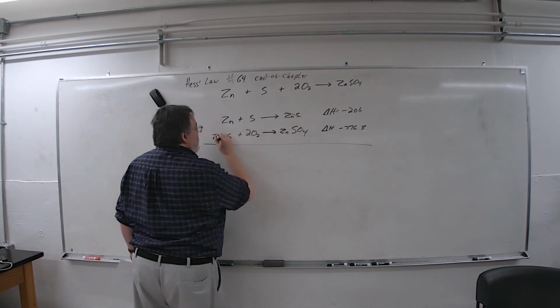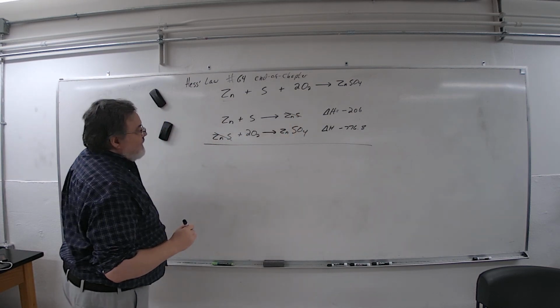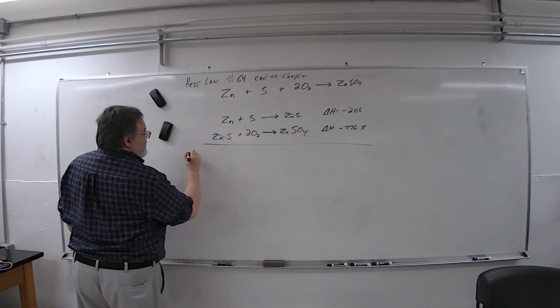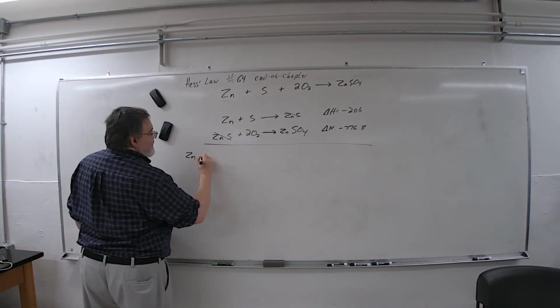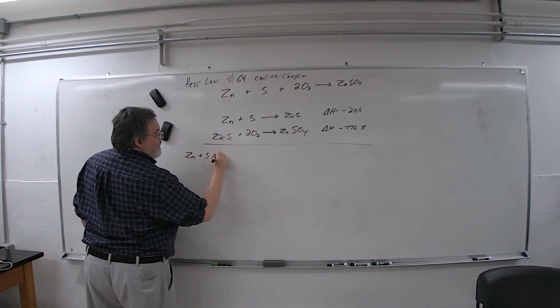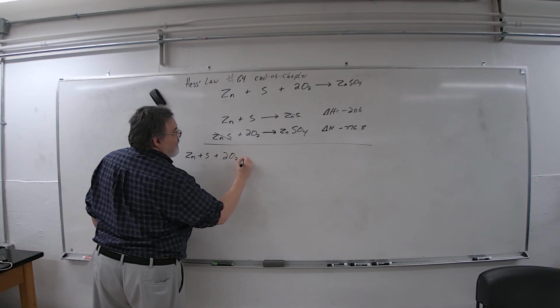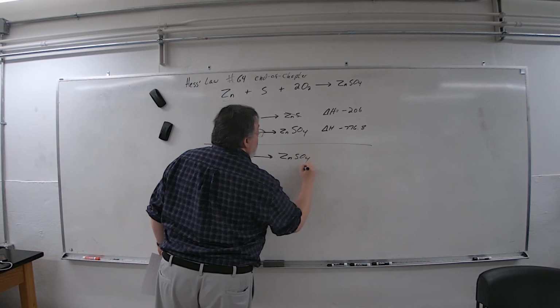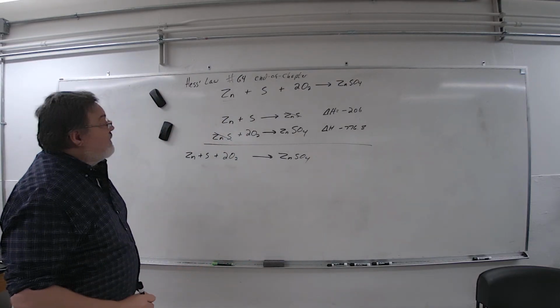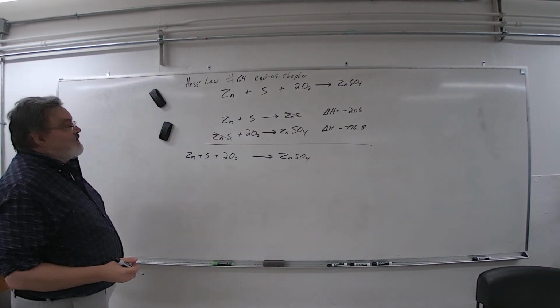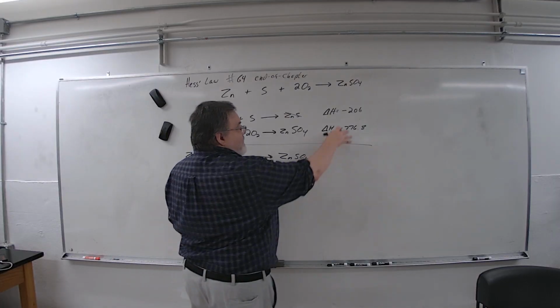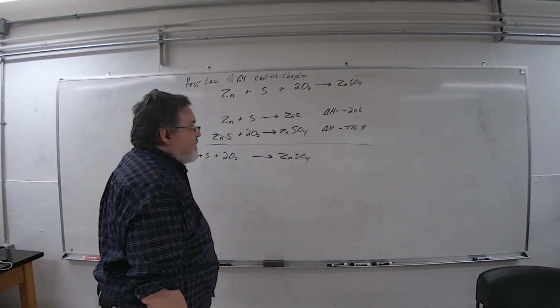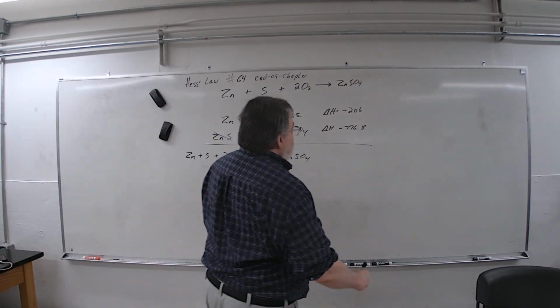All right. I've got one ZnS, one ZnS. I can cancel things. If I bring everything down, I've got ZnS, 2 O2. And over here I have ZnSO4. Well, that's it. So this is an easy one. So then I'm just going to add these up. Negative 206 plus negative 776.